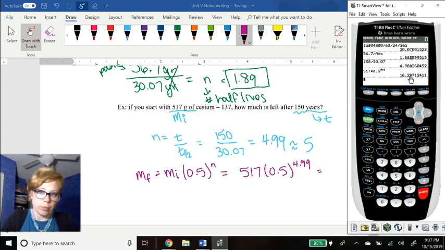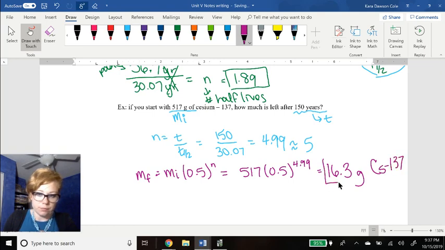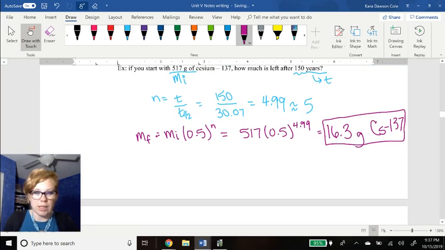So 16.3 grams of Cs-137. Now, the second way that I could do this, and again, I haven't gone through a whole 5 half-lives, but I'm close enough to be able to do this.